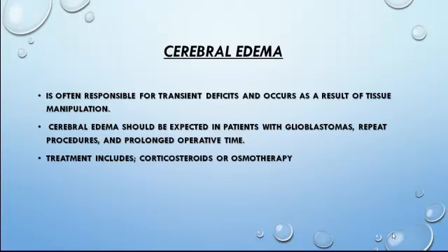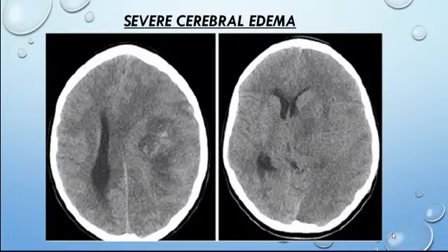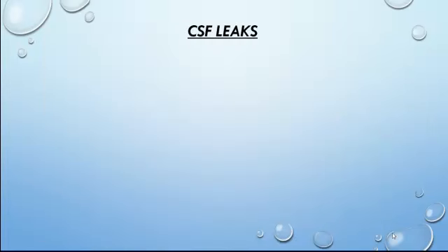Treatment includes corticosteroid or osmotherapy. And this is the image of severe cerebral edema, and we can see the compression that this edema has on the brain tissue and the ventricles.